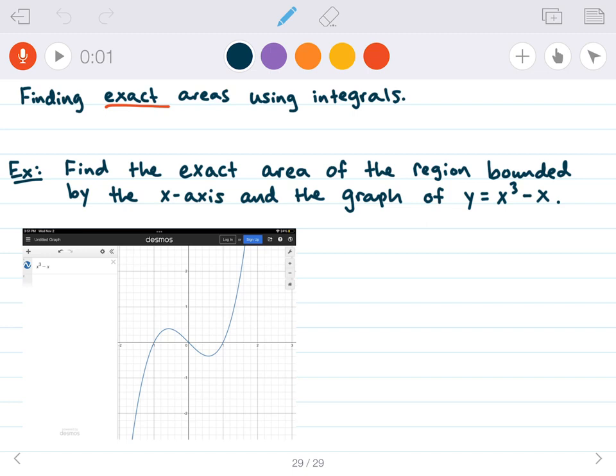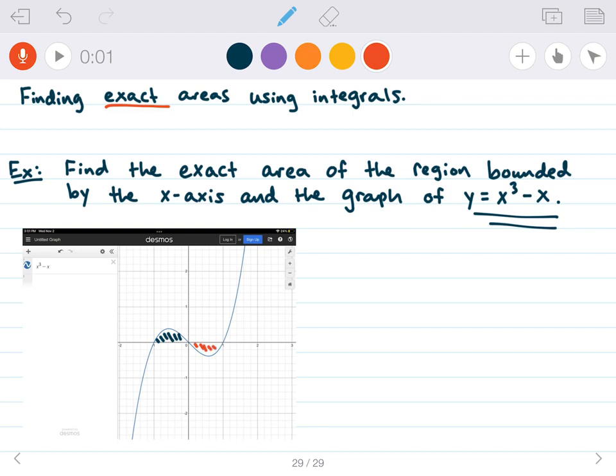So, all right, if we look at this graph, I just put it in Desmos. We're looking for the area bounded by the x-axis and the graph. So we're looking for this area right here and this area, and we're just going to sum them up, right? And how am I going to do it?